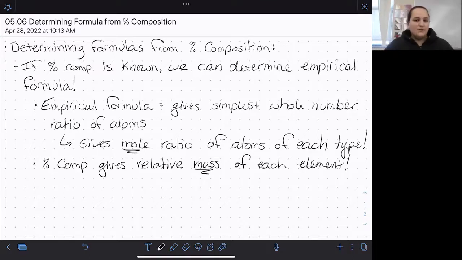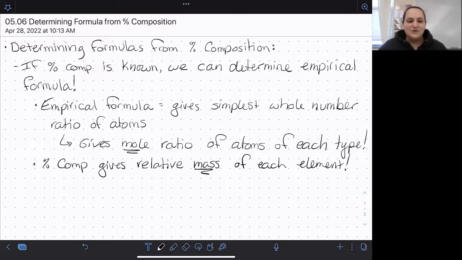So percent composition is in terms of mass, empirical formula is in terms of moles. Essentially all we need to do is convert mass into moles and find the ratio in order to get our empirical formula. And how do we convert grams to moles?